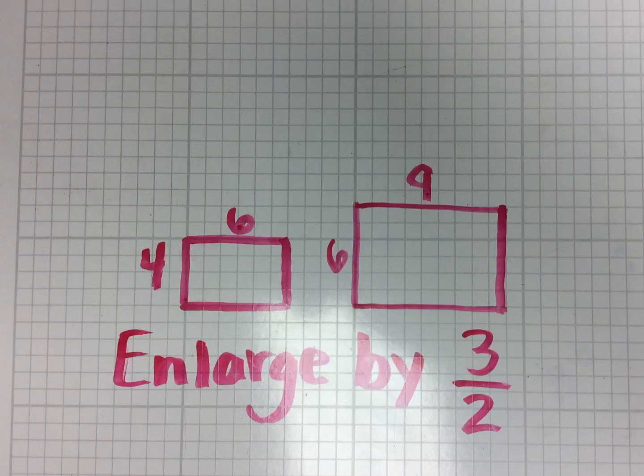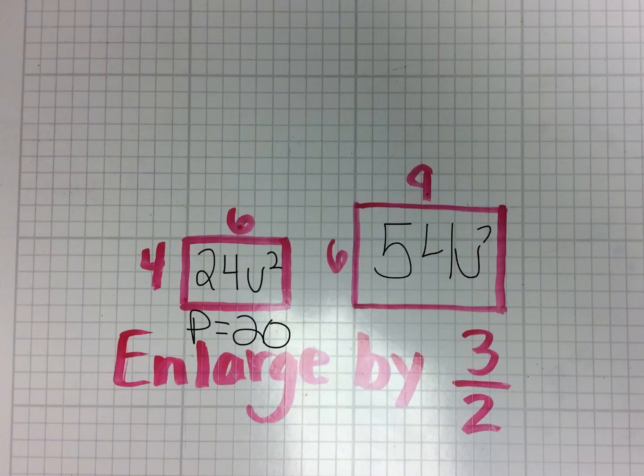Okay, so here is our new shape, and we said that our old one had, let's just fill in our information, the area of 24 units squared and the perimeter of 20. So our new one has the area of 54 units squared, and its perimeter is 30 units.